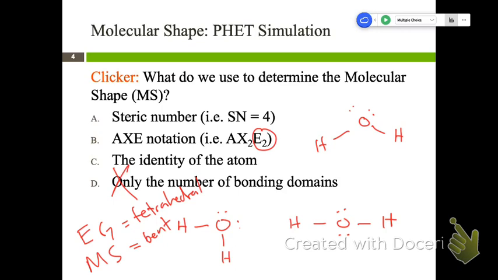But if you had steric number and AXE notation, then it would be quicker to use steric number to find the electron geometry, because you wouldn't have to add anything together. Questions on that? So if you only get to choose one, would you have steric number or AXE notation? You would want to have AXE because you get more information from that. Not only how many domains there are, but how many are bonding and how many are non-bonding, so you can find the total. All right.